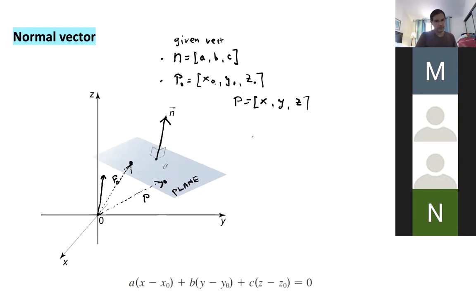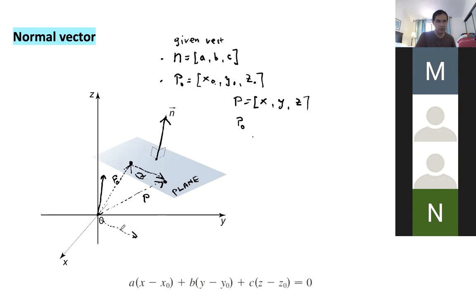So let's see. When I consider the vector from this point to this one, let me call this vector Q. Remember, this vector Q really has a representative, which would look something like this.